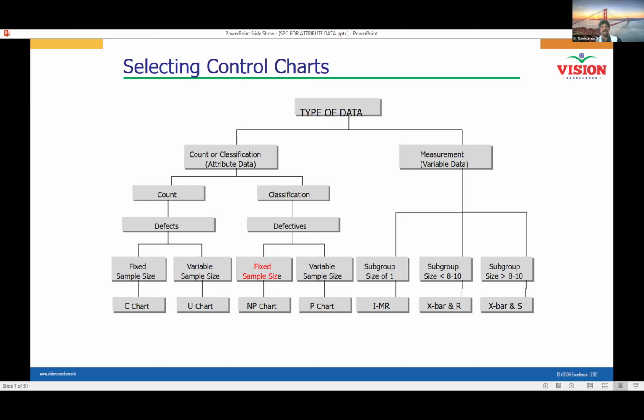Now let us move to the attribute data or countable data. Here you are going to choose the chart based on two types of data, that is data for defects and defectives. For defects, what is a defect, guys? If there is any damage or scratch in one product, we need not scrap that total product.